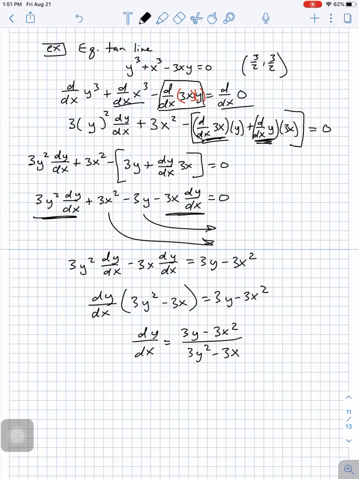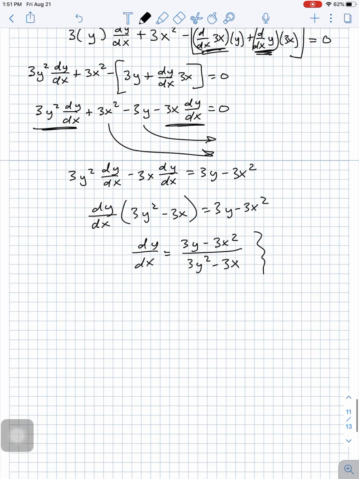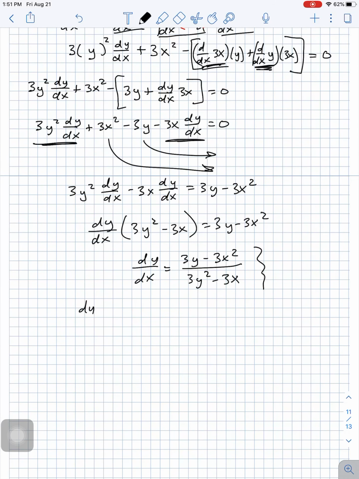Now, the next step is to plug in your x value. And normally when an equation is solved for y, all you plug in is the x value because that's all you have is x values. But when you use implicit differentiation, you've got x's and y's. So what we're going to do is we're going to take this derivative and we're going to plug in both the x and the y.